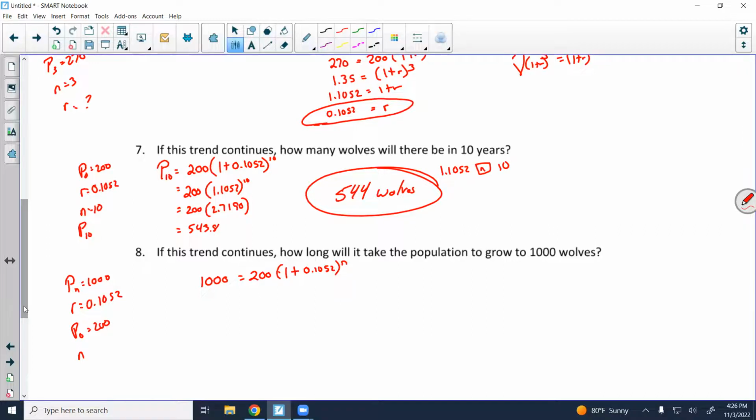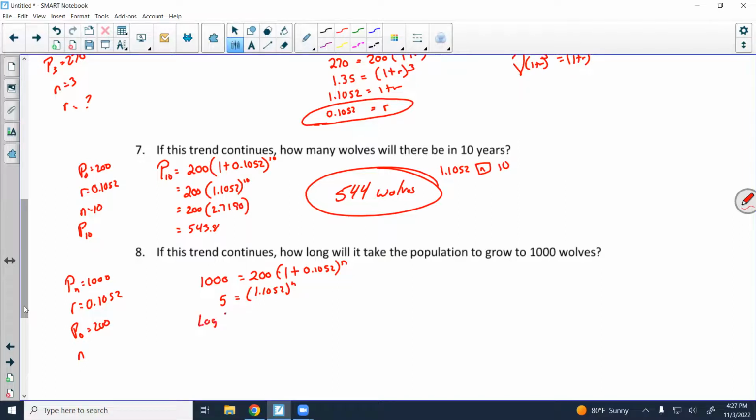First thing I do, divide by 200 on both sides. 1 plus, well, we can add it too, can't we? 1.1052 to the N. Anybody remember what we do here? This is a tricky one. Take the log of both sides.